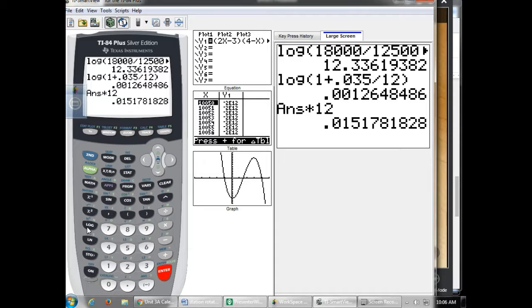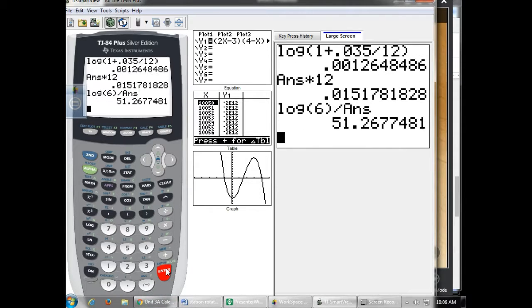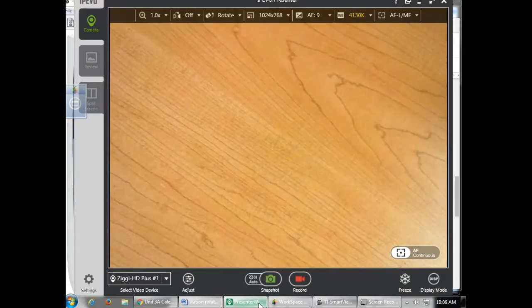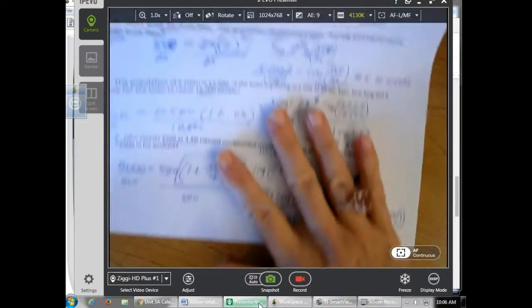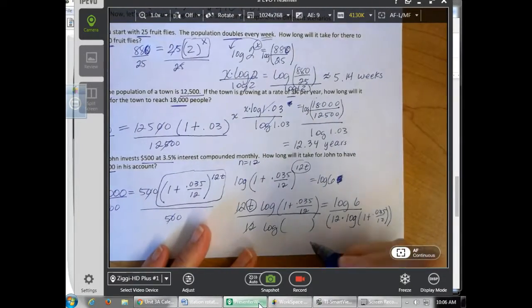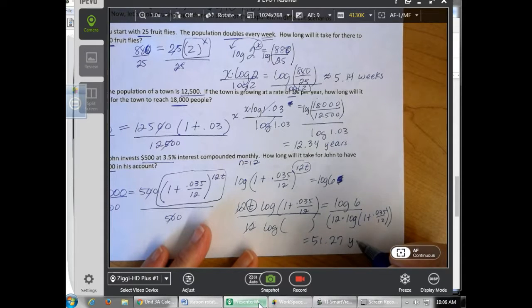Then I'll do the log of 6 and divide that, and I can pull it back up by doing second answer, which recalls the very last answer that you got. So I get 51.27. That's a long time for him to grow that money, but that's how long it'll take. So it will be 51.27, and that will be in years.